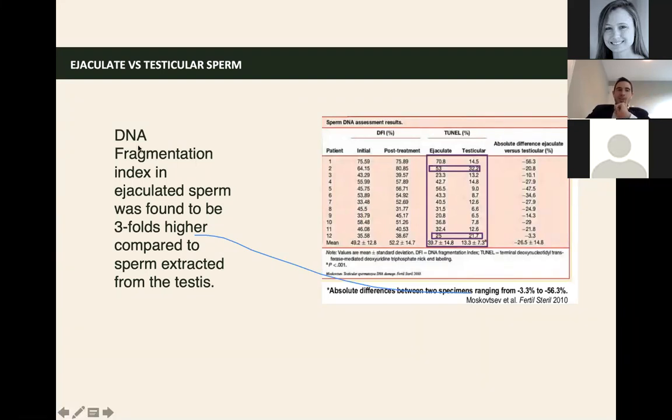So the DNA fragmentation index in ejaculated sperm was found to be 3-fold higher compared to sperm extracted from the testes. And this is very important. This is guiding most of our surgery nowadays. And it will help us decide when to rely on the sperm that was ejaculated and produced by masturbation, and when to go to the testicle and extract the sperm from there.